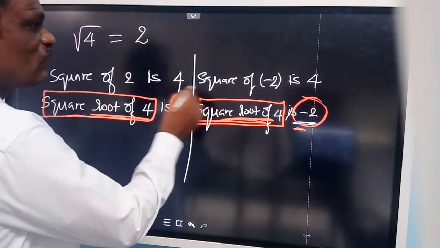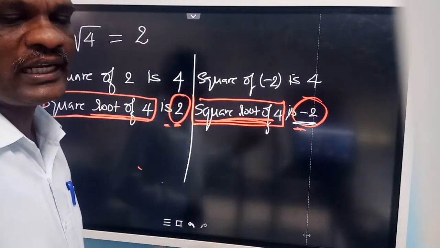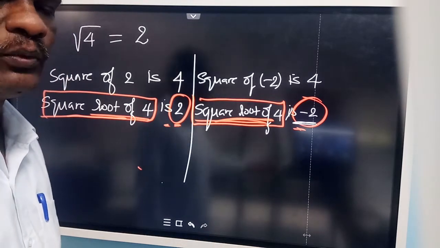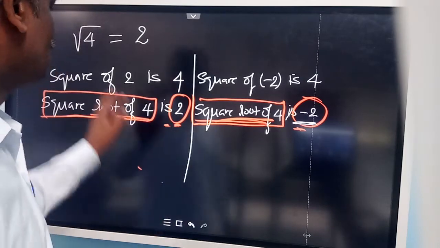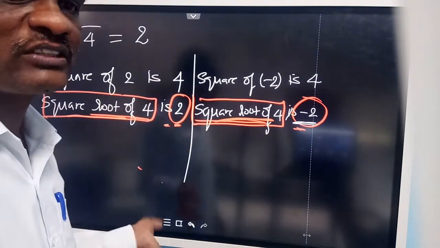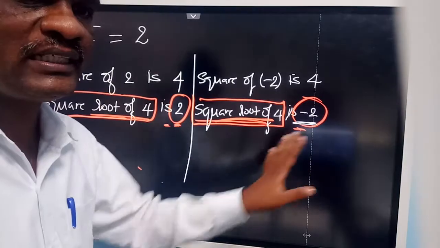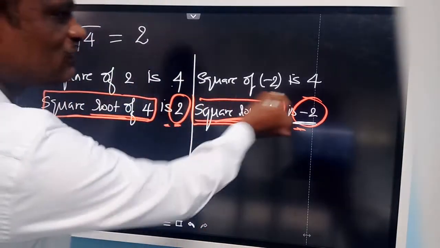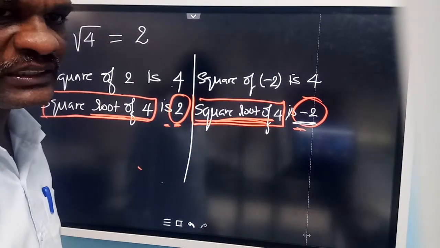Because squaring is the same. Whether you take a positive number or a negative number, once you square, both will become positive. Square the positive number, answer is positive. Square the negative number, answer is positive. Square of 2 is a positive number. Square of minus 2 is a positive number.